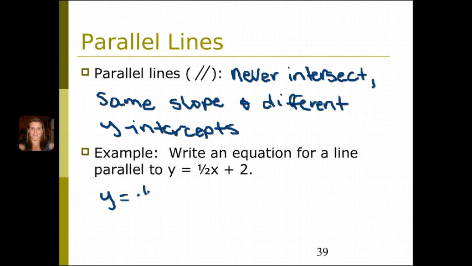You can put plus 1, 2, 3, 4, 5, or you can do minus anything, as long as your y-intercept is not positive 2. It could be anything in the place of the y-intercept.